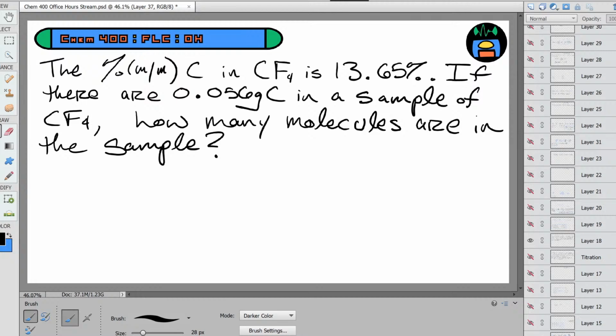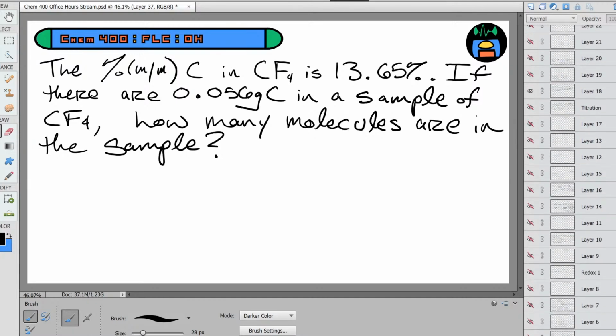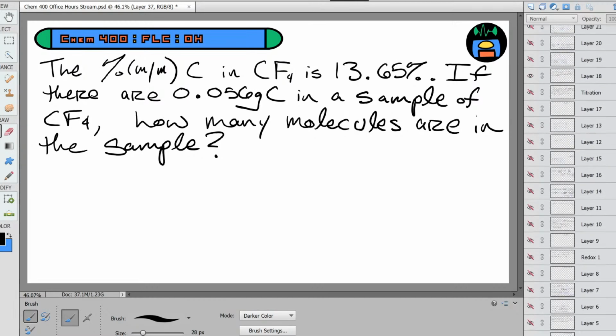There we go. Wow, first blood. Okay, so this is essentially the exact same problem, just with a different molecule, different numbers.